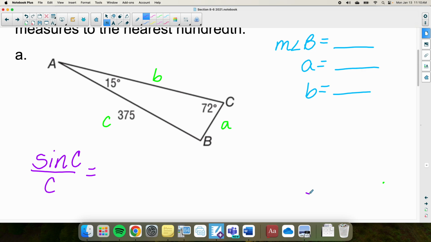Now I need to find little a and little b. And with law of sines, it doesn't matter which one you choose. So I'm going to do it in alphabetical order, and I'm going to find a first. But you don't have to do it that way, okay? So you always use the side and the angle and the opposite side that you know, and then whichever side or angle you're looking for, that's the other one that you do.